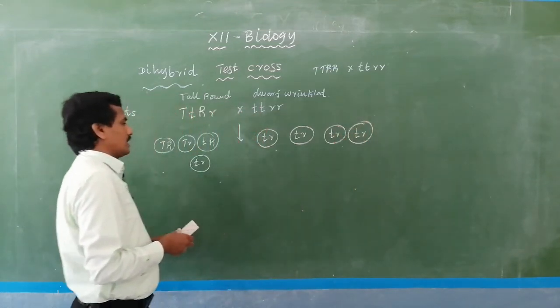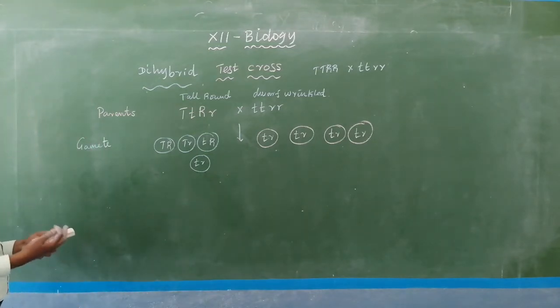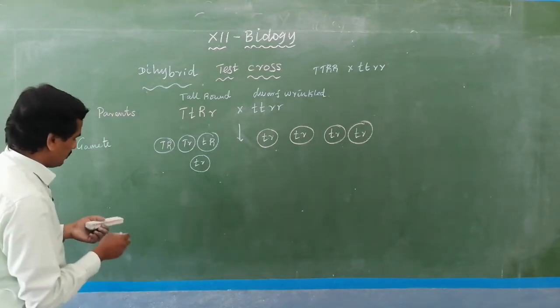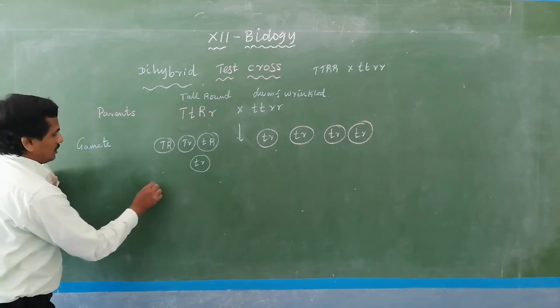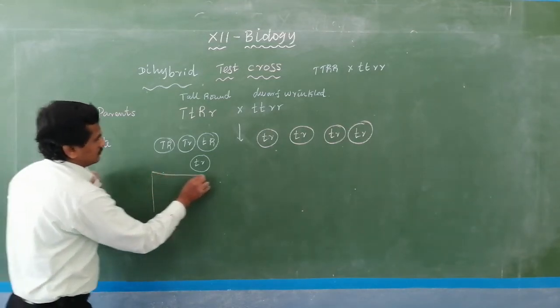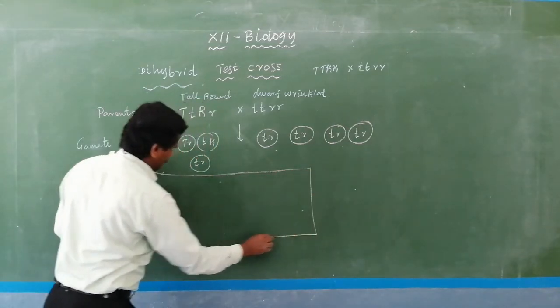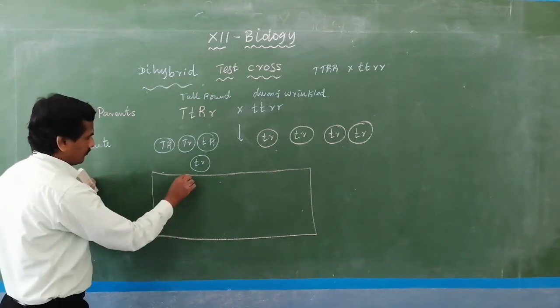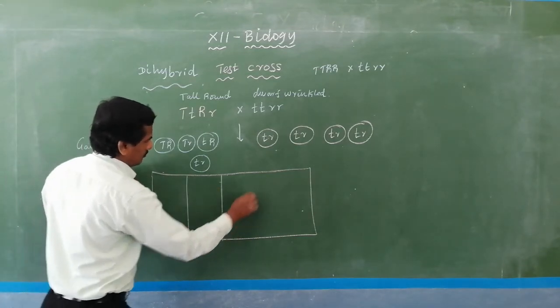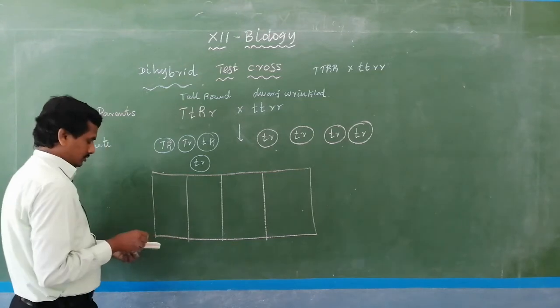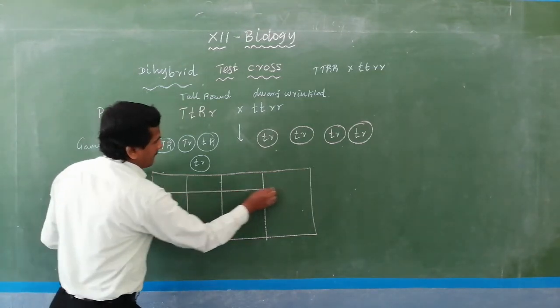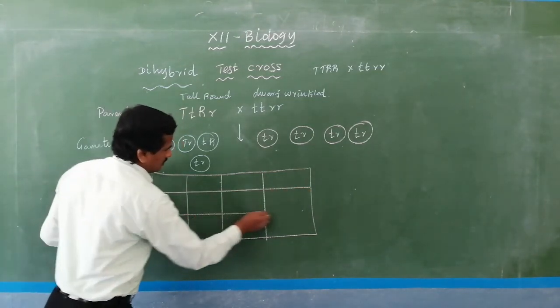So, 4 gametes are produced, and with the use of a Punnett square cross, the same 4 different types of plants are produced, 4 varieties.